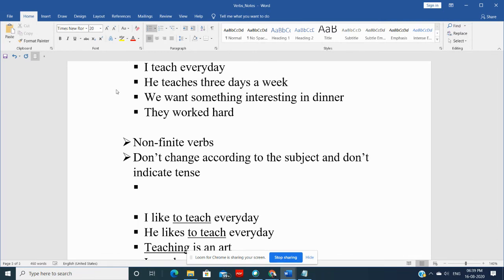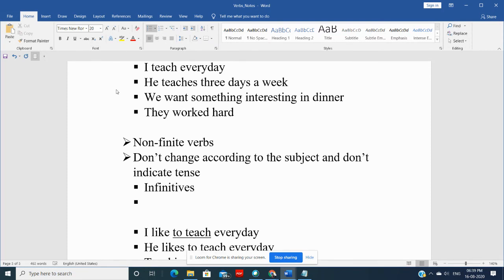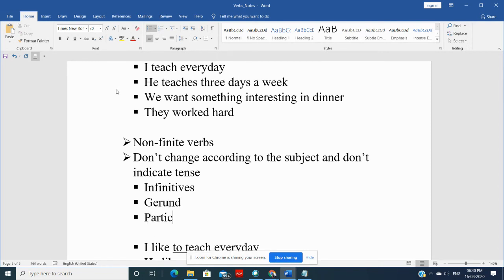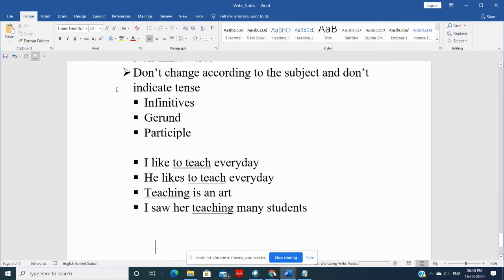They are further classified into infinitives, gerund, and participle. Infinitives are basically to plus main verb.